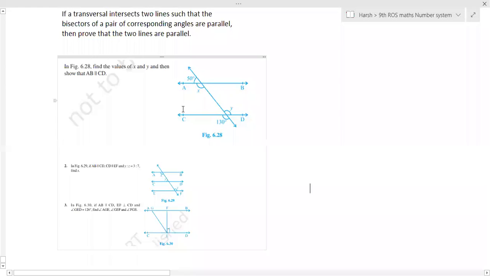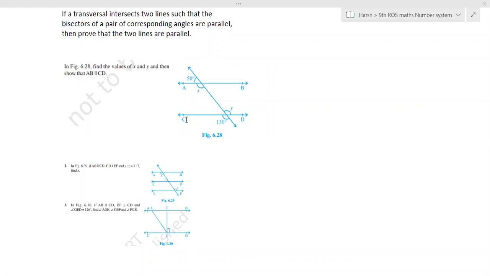Any problem in the first one, please raise your hand. Those who have a problem and are still not able to do it. Arinjay, you didn't understand this one first? No, sir, I understood. I have a doubt. How do I prove that AB is parallel to CD?